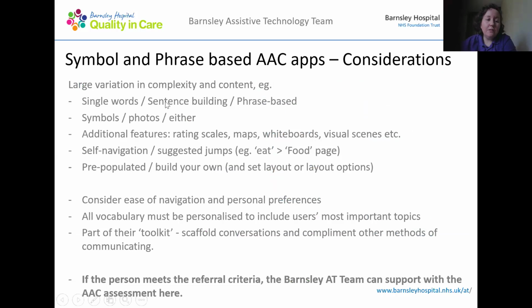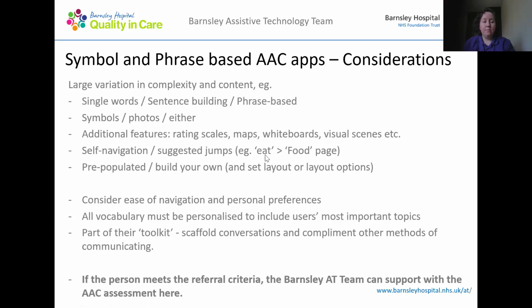Some can have symbols, some can have photos, some can have a bit of both. It depends on the person, what you think might work better for them in terms of their recognition of symbols. Some can have lots of additional features, which we'll go through, like whiteboards, visual scenes, maps. Some help you jump to the page. So, for example, if you click eat, it might then go to the food page for you.